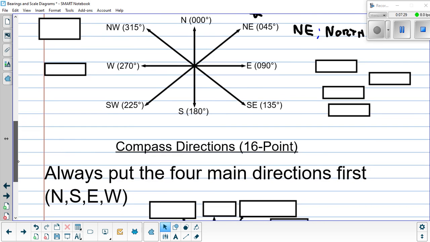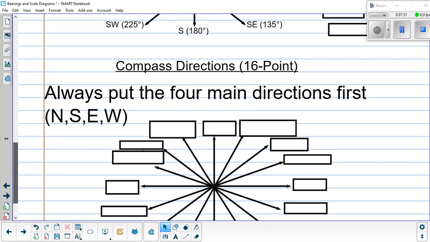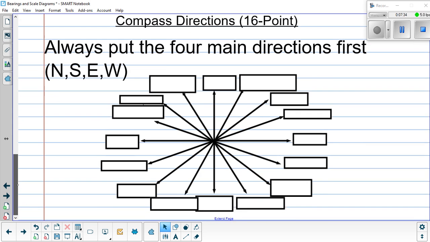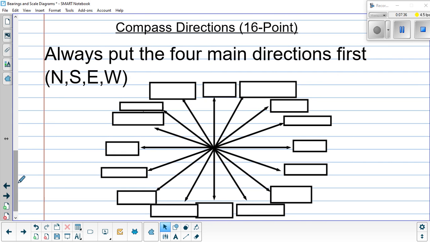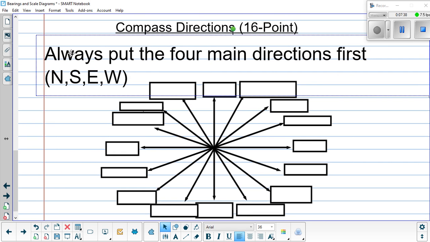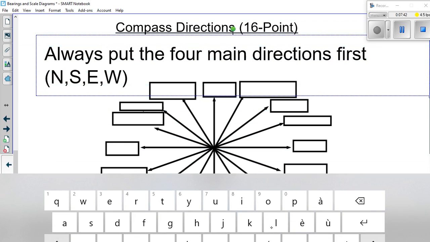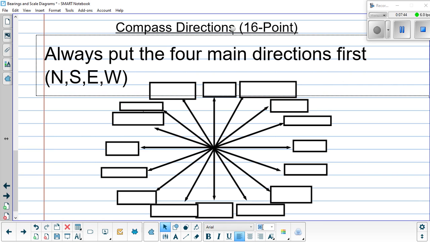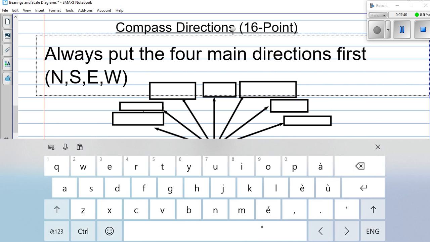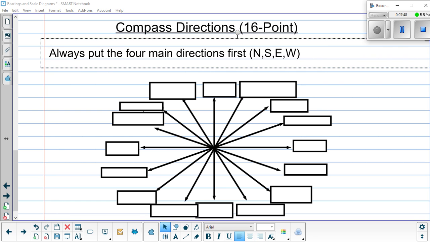And then you might be able to see how we're going to start doing the 16-point ones. So always put the 4 main directions first. So before, we talked about them in terms of our primary directions, north, right?